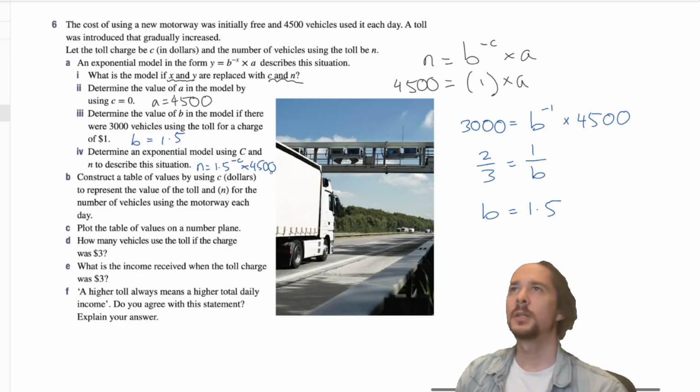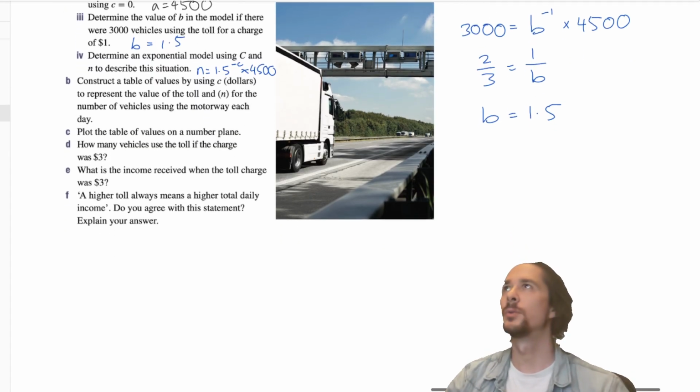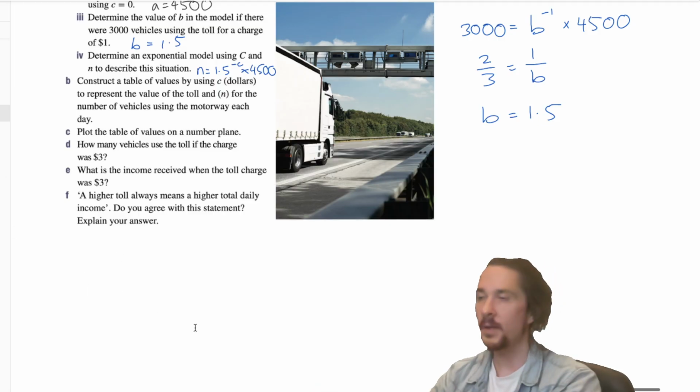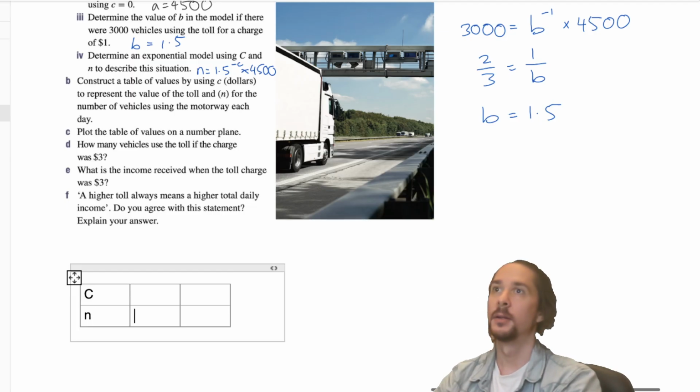Okay, construct a table of values using C dollars to represent the value of the toll and N for the number of vehicles using the motorway each day. Okay, so if we say C and then let's put N there. So let's do whole numbers, I think.